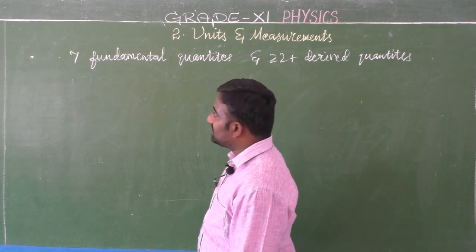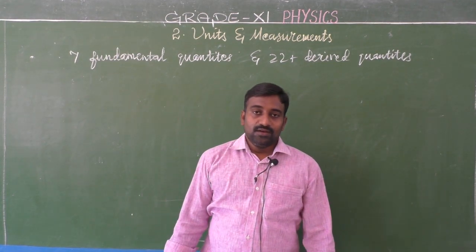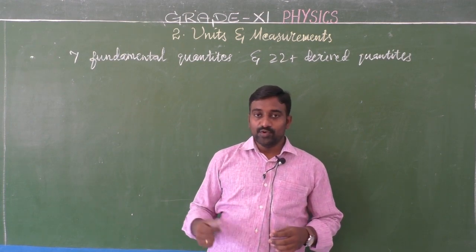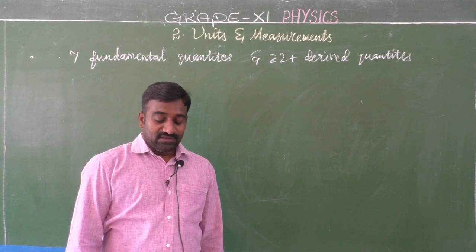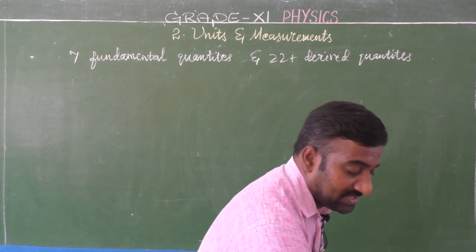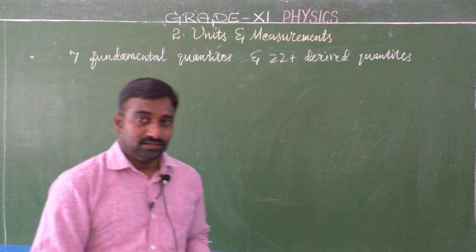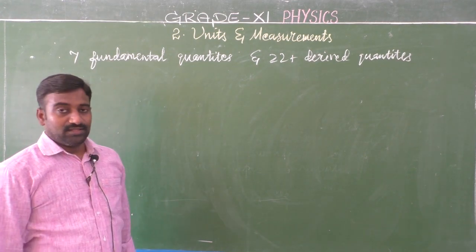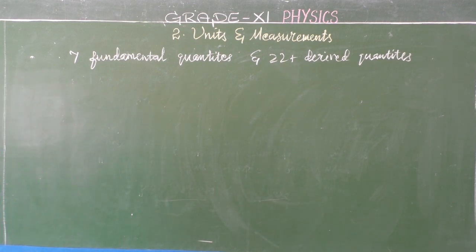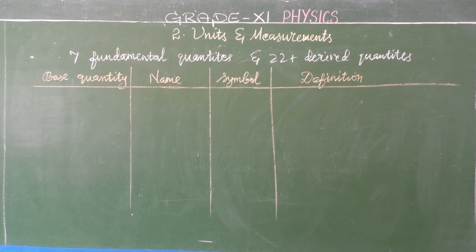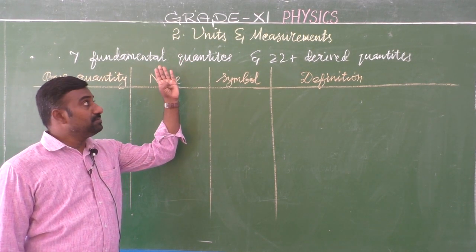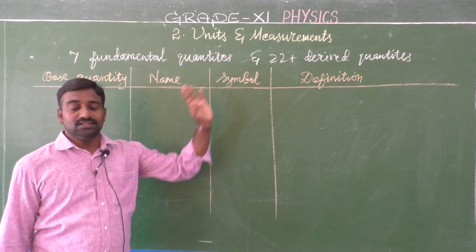So what are the 7 fundamental quantities and what are the symbols? How to define each quantity? All of that we are going to discuss now. We are not going to discuss the derived quantities now.